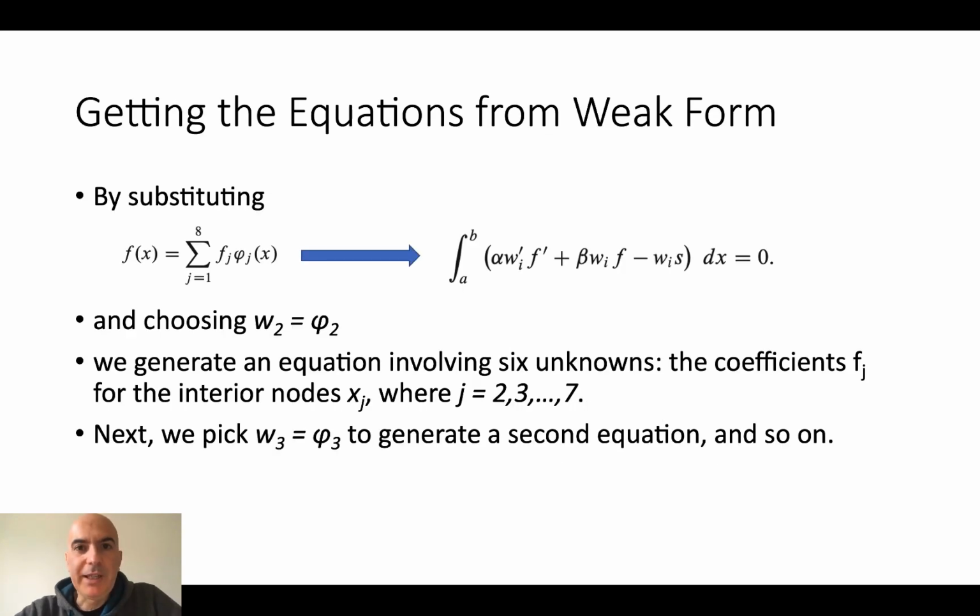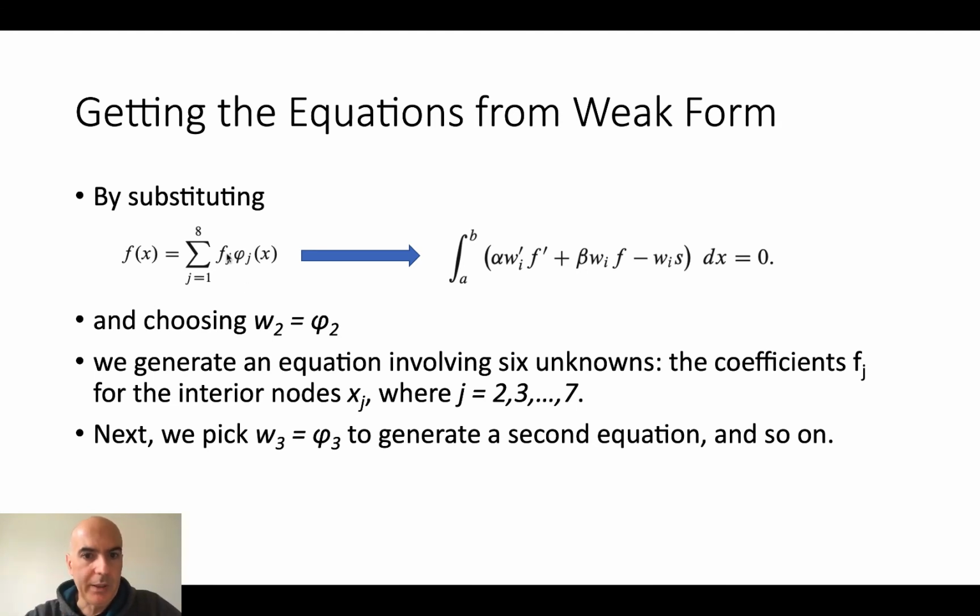So we now want to get the equations that we want to solve by solving a linear system. What we are doing is picking w2 equal to phi2, so we just get the first equation.